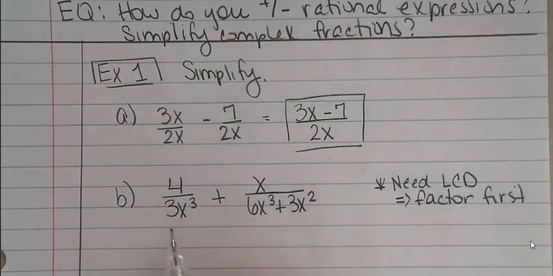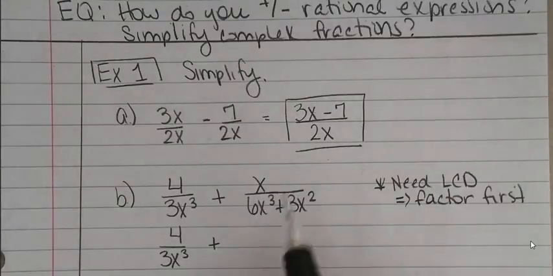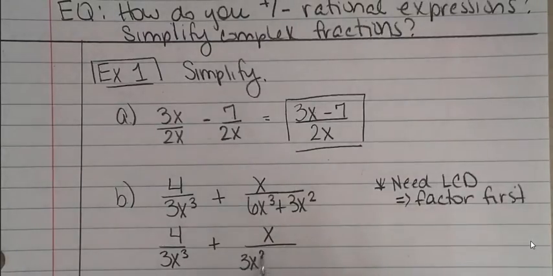Okay, so let's see. Well, there's nothing here to factor. But over here, I notice that they have a common factor, right? Both terms here have a common factor of 3x squared. So I'm going to factor out a 3x squared, leaving me with a 2x plus 1.